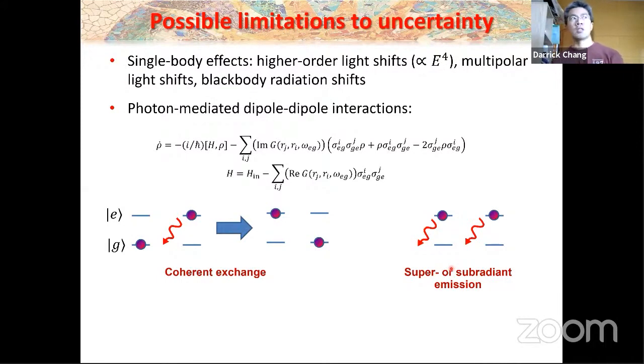So maybe then your clock signal decays faster or slower than you expect. And I guess the point is that, as in my previous examples of quantum memories and so on, these photon-mediated effects become strong anytime you have spatial ordering and high density of atoms. And this is exactly the same kind of situation that you would get in an optical lattice clock.